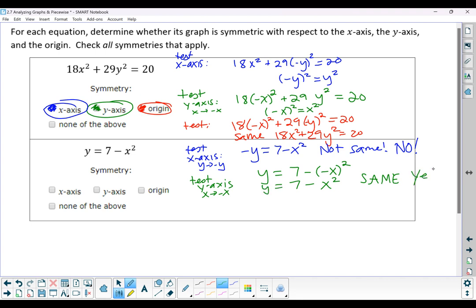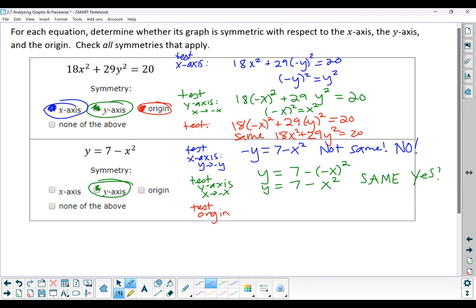And so yes, this thing does have y-axis symmetry. If your function has one of x-axis or y-axis symmetry but not the other, it won't have origin symmetry. It can have origin symmetry with neither x nor y-axis symmetry, but it can't be a split there.